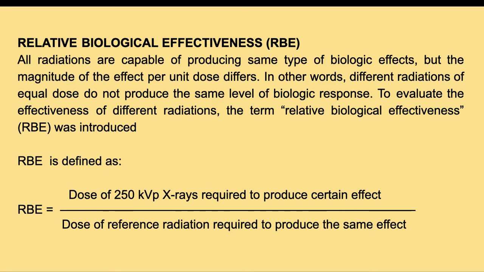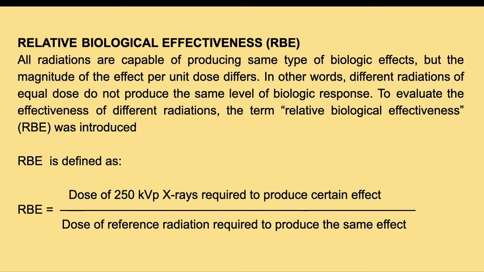So 250 kilovolt peak is the voltage given for accelerating electrons in the X-ray tube. So the dose, that means energy absorbed per unit mass, of 250 kVp X-rays, how much is it producing? And if you are using some other type of radiation, the dose of reference radiation required to produce the same effect. This ratio you can call RBE.